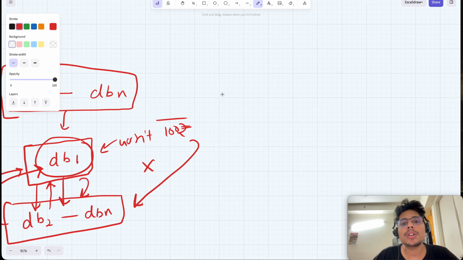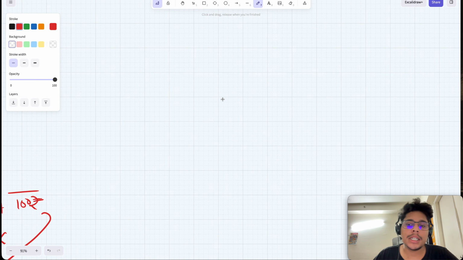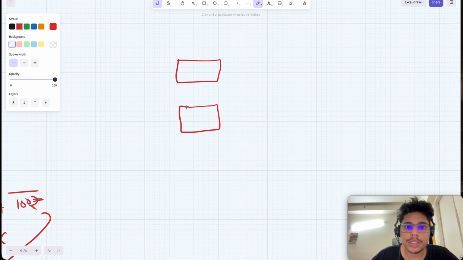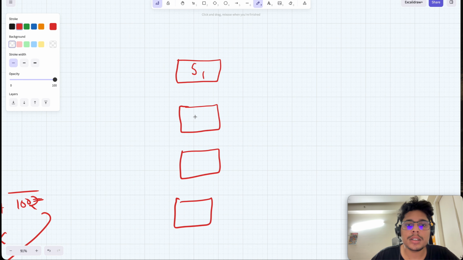Distributed locks is also a good concept because it increases our server performance. So suppose we have four servers, S1, S2, S3, and S4.